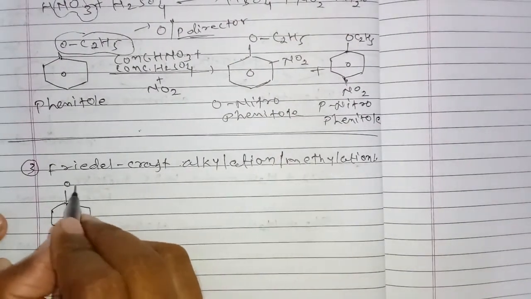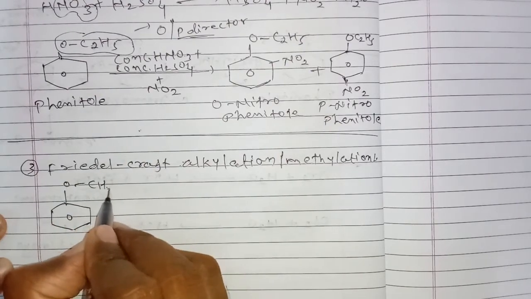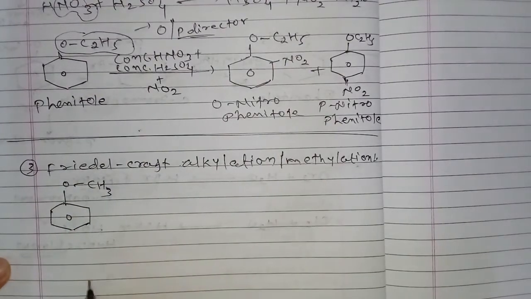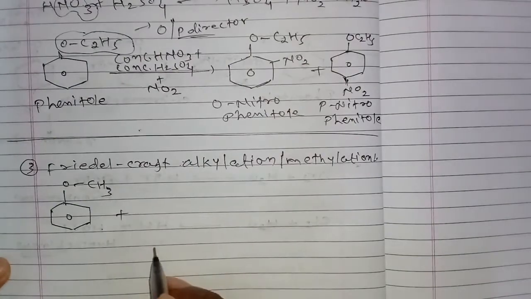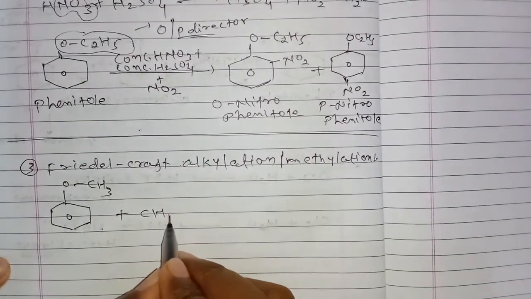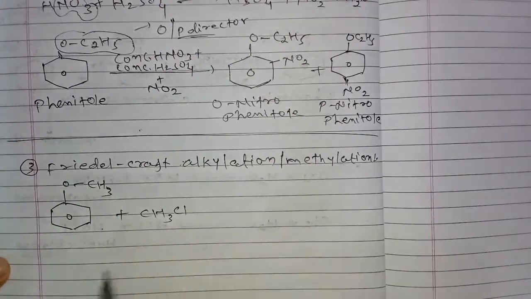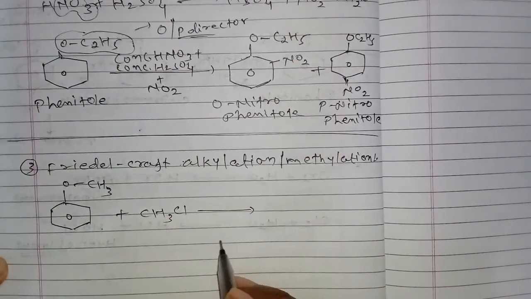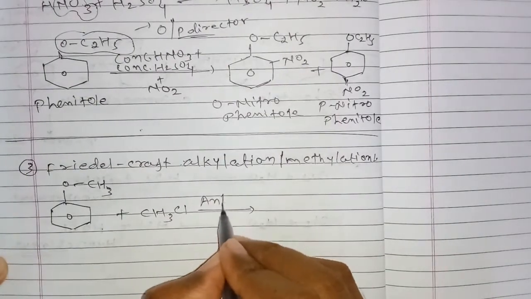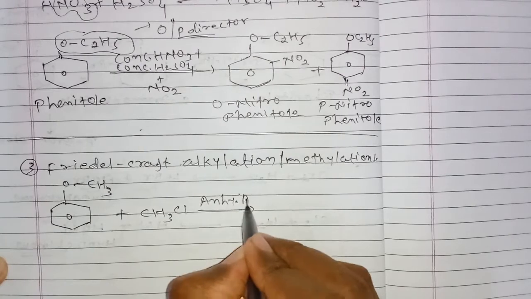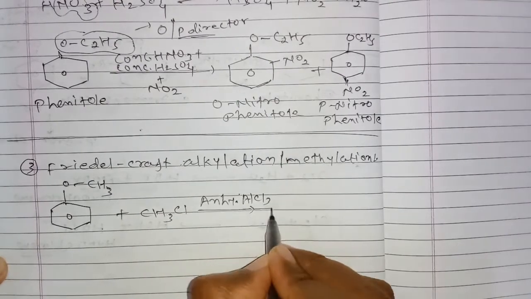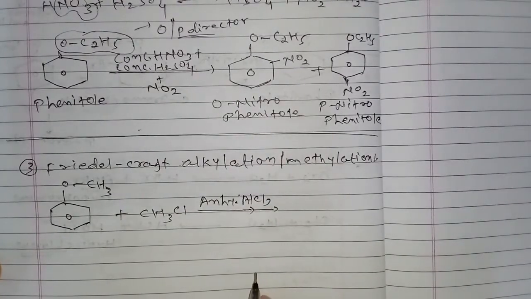Anisole is treated with methyl chloride in presence of anhydrous aluminum trichloride AlCl3.